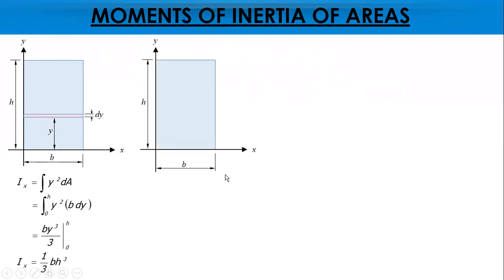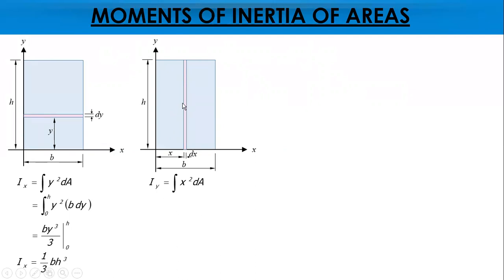Now, for Iy, the rectangular strip must be parallel to the y-axis. The distance of this strip from the y-axis is x, and the thickness is dx. Again, this is the expression of Iy, integral of x squared dA.